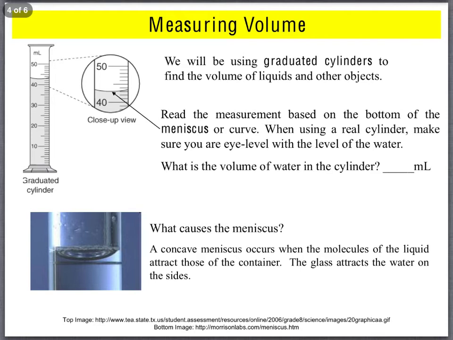If you look at this close-up view, you can see where the level is of the top of the liquid, and from that you can look over and see what line it corresponds to on the scale. In this case, it would be 41, 42, 43. So the answer, what is the volume of water in this cylinder, would be 43 milliliters.